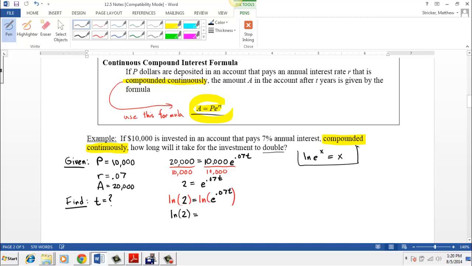Because natural log and e to the x, they're inverse operations, they're inverse functions, they wipe each other out or they undo each other. And so in this one, all that's left is the exponent, the 0.07 t, which is very, very nice because how much work is left? Almost none, really. All we have to do here is divide by 0.07 and we're done.